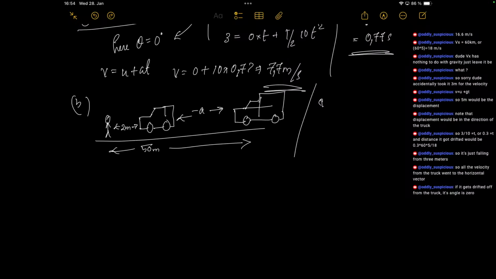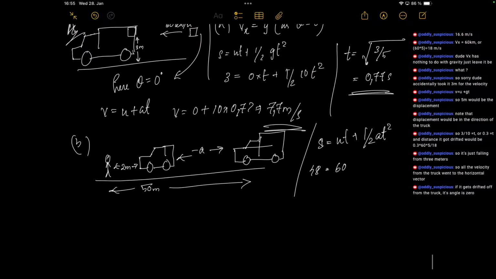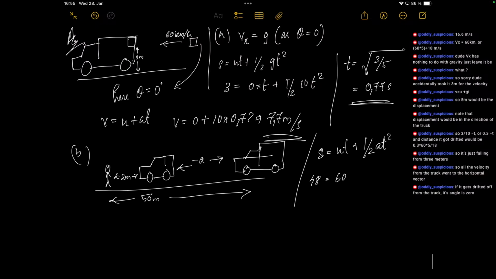My mind is going for S is equal to UT plus half AT squared. Again, we don't know the T. I don't know the T, so how do I find the T?